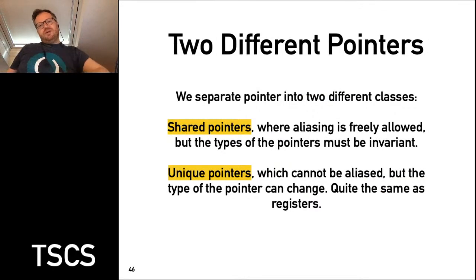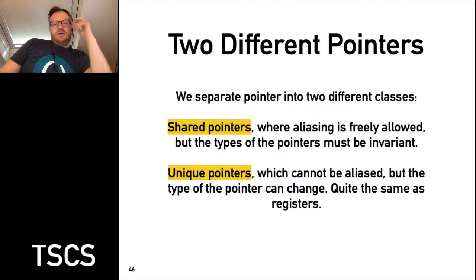In order to do this, we have two separate classes of pointers. By the way, we will take a little bit of overtime today, but as we had a little less time last week, I think it will compensate. So we have two different classes of pointers. We have so-called shared pointers, where aliasing is freely allowed, but the types of the pointers must be invariant.